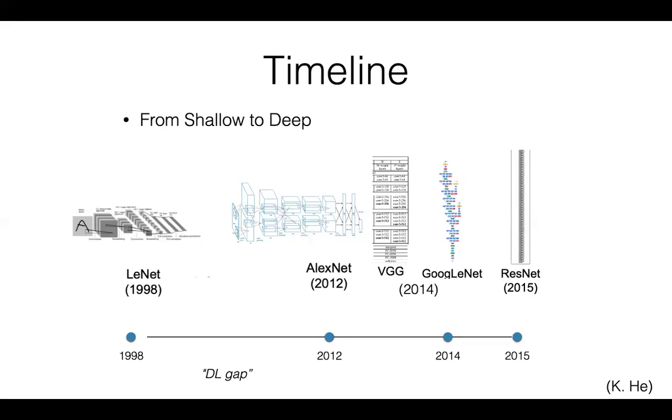And then after 1998, there was a big evolution in the availability of data, computational power, and new techniques. And after 2012, 2014, and 2015, this really became available, and then there was this explosion. And now we're going to see the characteristics in detail of these different architectures for convolutional neural networks.